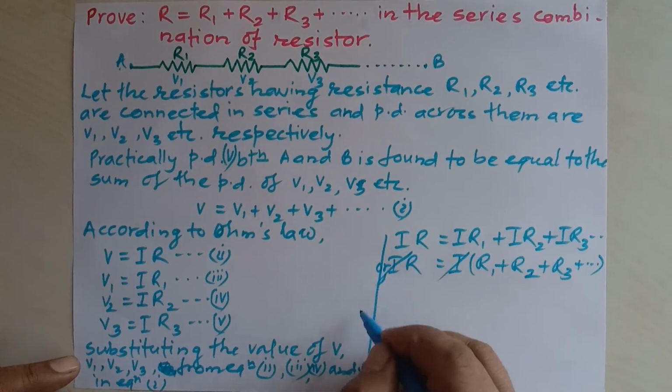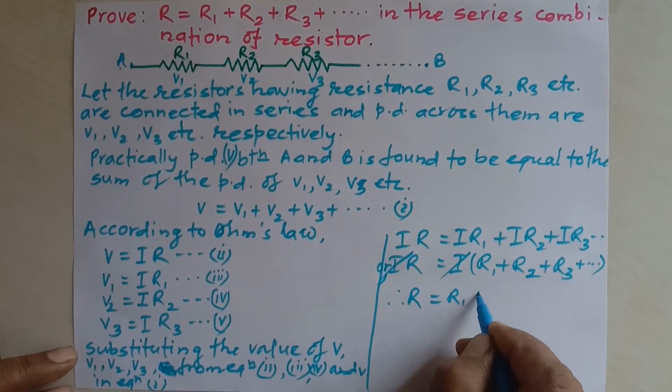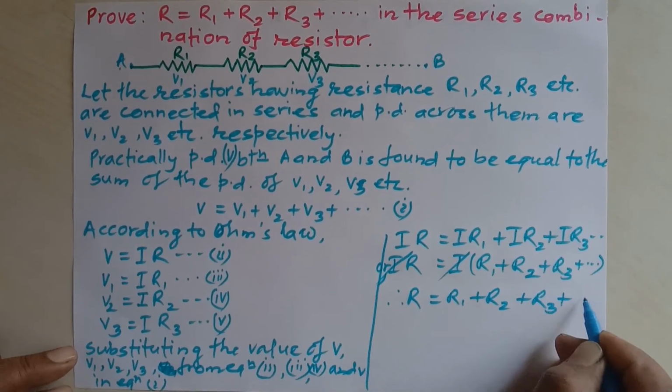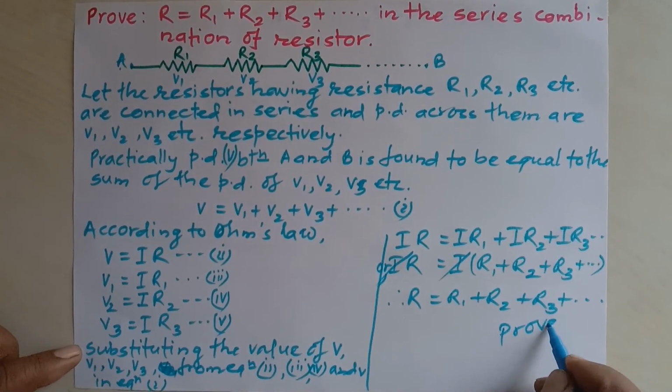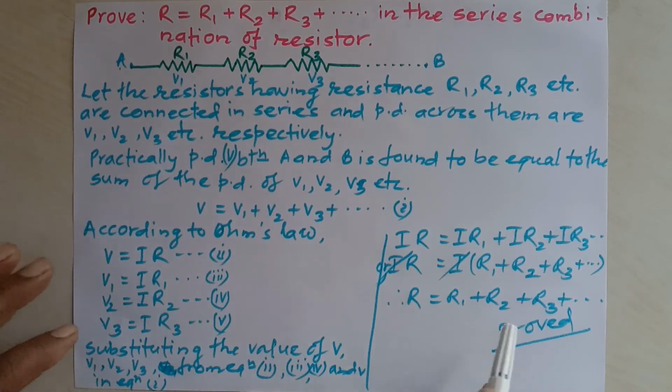Then I cancels. Therefore R is equal to R1 plus R2 plus R3 plus so on. This way we can prove what we wanted to prove.